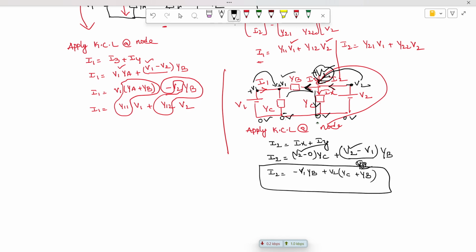When we compare with the standard format of the equation, I2 is equal to y21 V1 plus y22 V2.